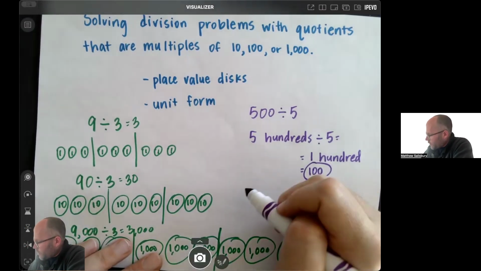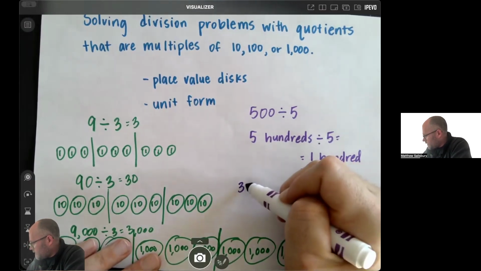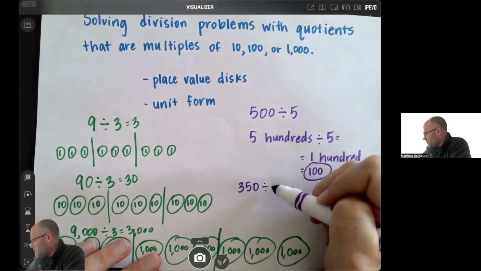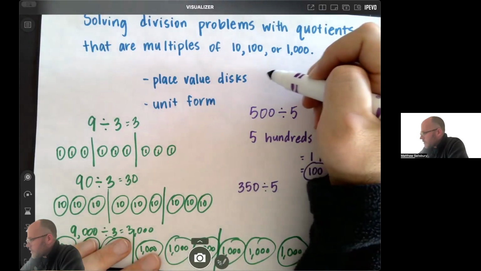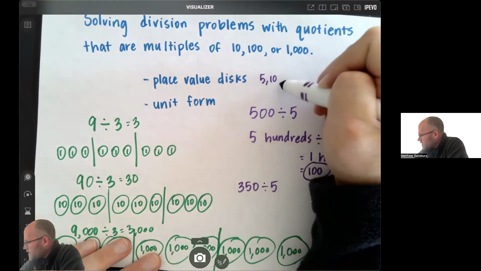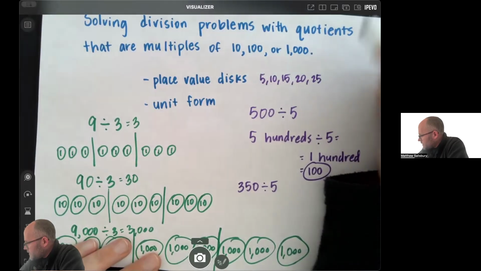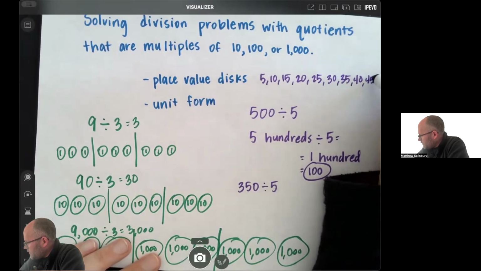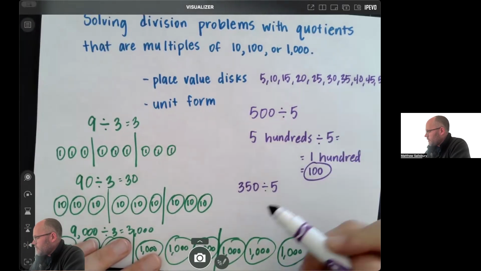Okay, so how about if I want to solve 350 divided by 5? Well, if I write my multiples of 5, maybe I'll do that up here. So 5, 10, 15, 20, 25, 30, 35, 40, 45, 50. I see 35 here and 35 here.